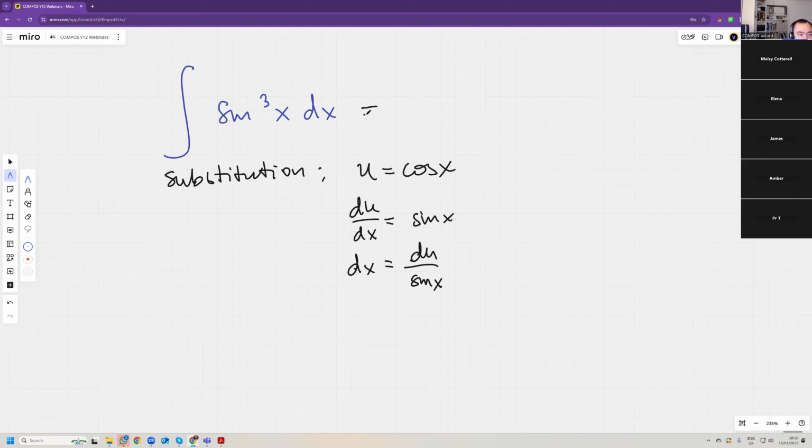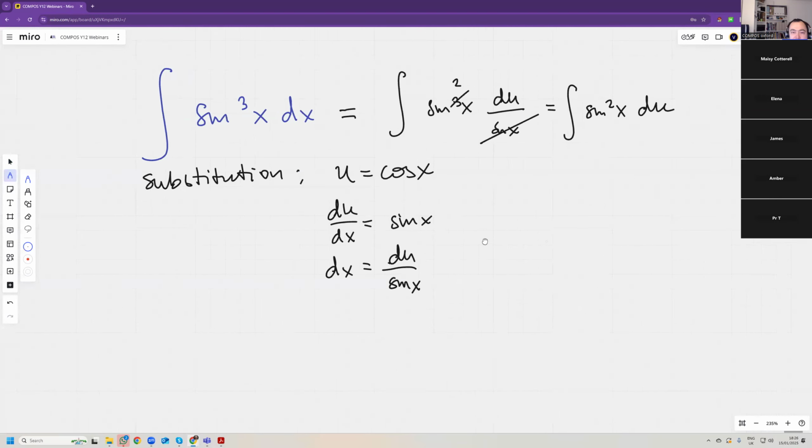So that becomes the integral of sine cubed x du over sine x. Sine x cancels, and I get the integral of sine squared x du.